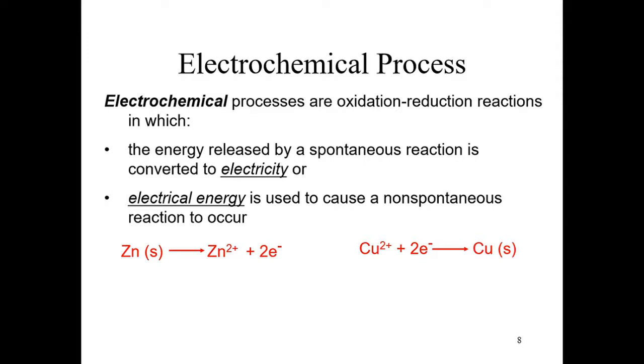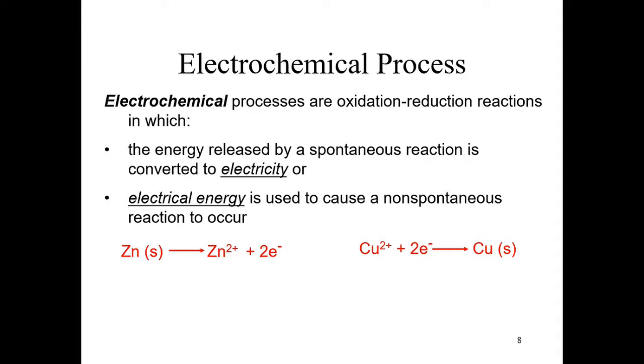What we would observe is that the zinc begins to get covered with a deposit of dark material, and at the same time the solution, which was bluish to start with, starts losing its color. As you see, the reaction proceeds because electrons are transferred from the zinc to the copper 2 ions.